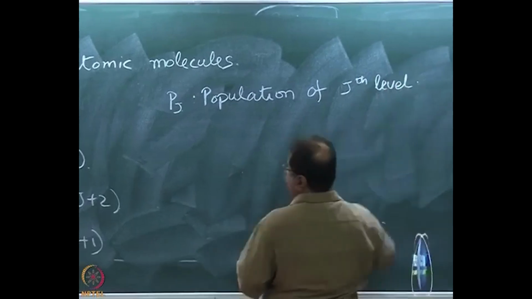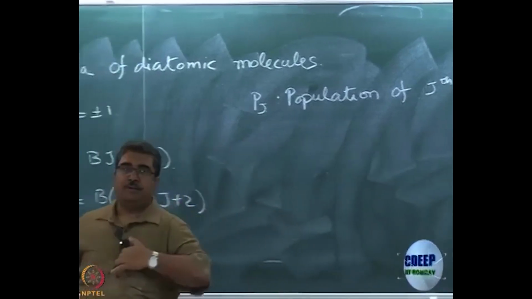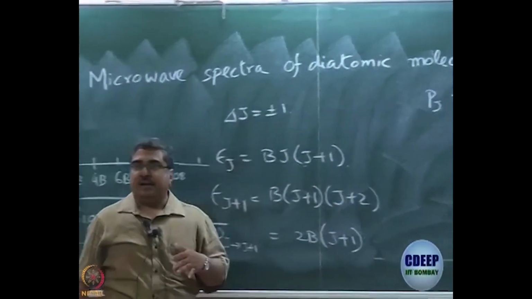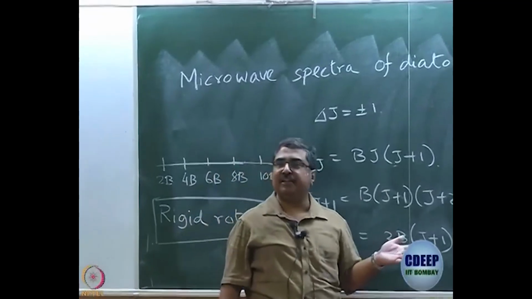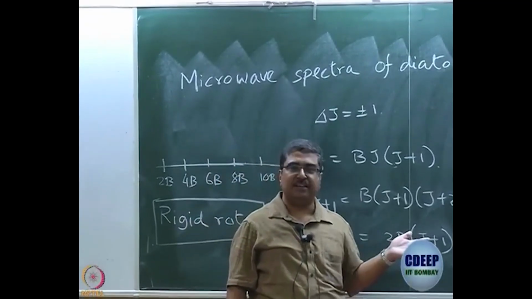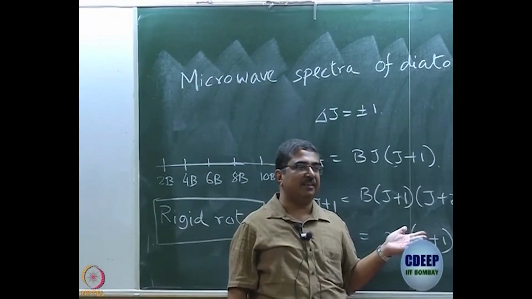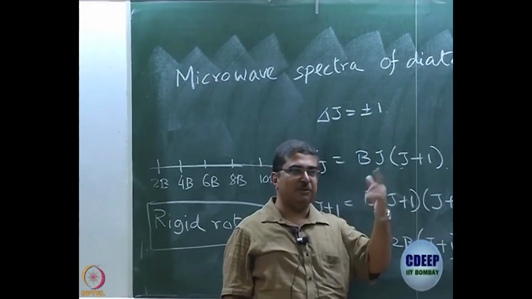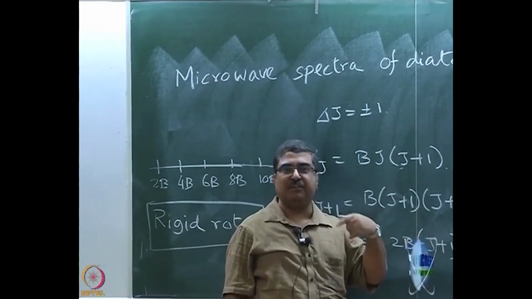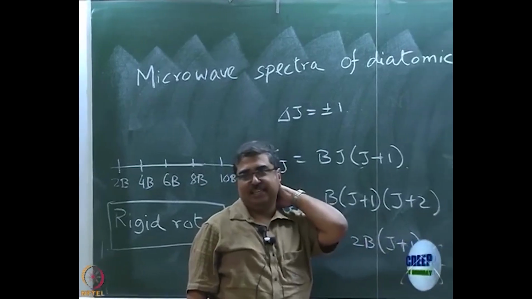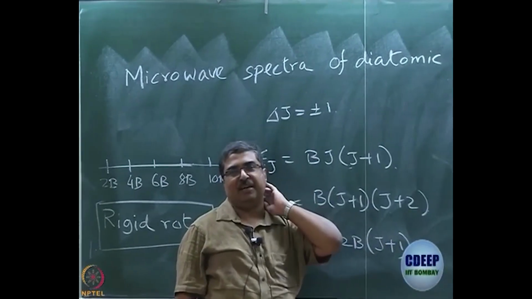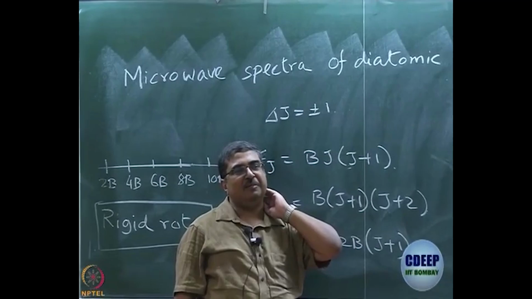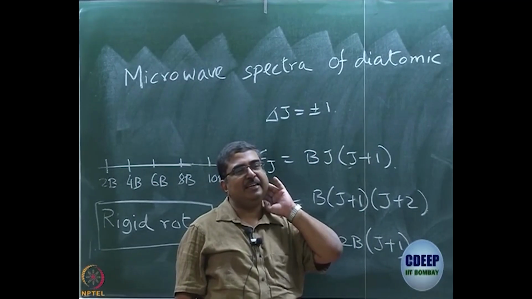Now, I believe you are familiar with the Boltzmann distribution. What is the Boltzmann distribution? Well, the ratio of the populations of two levels is equal to the degeneracy multiplied by e to the power minus delta E by kT.